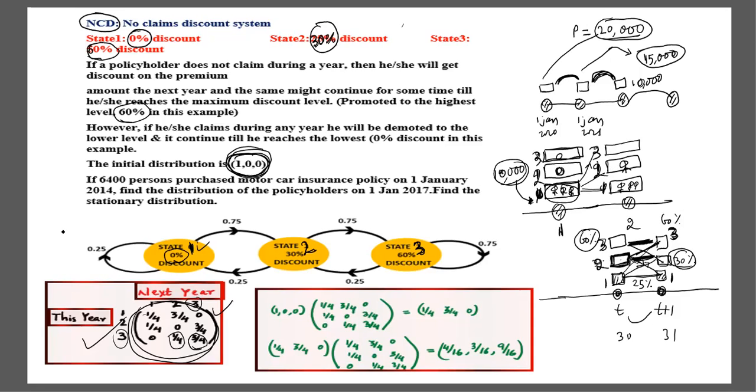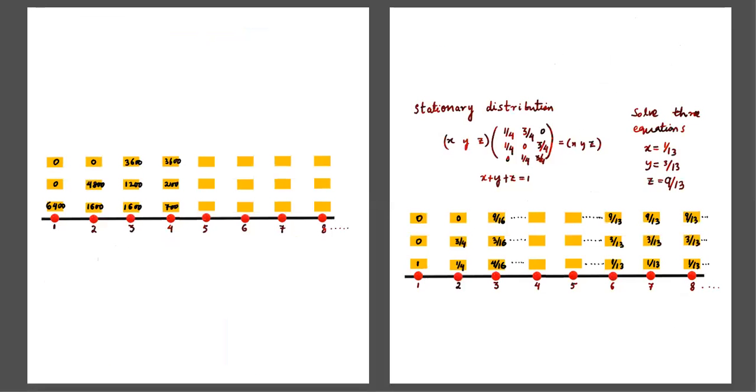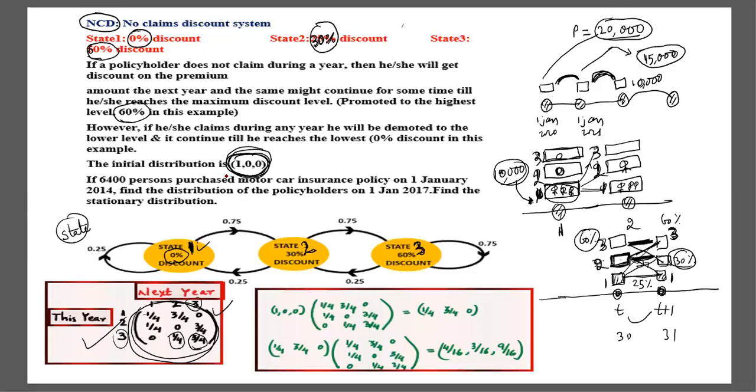This is called a state diagram. Now you are at 0, I mean 1, I change it to 1. 0% discount means state 1. What is the probability that you will go to 1? 1 by 4, so you can make a self loop, 25%. 1 to 1 means self loop.